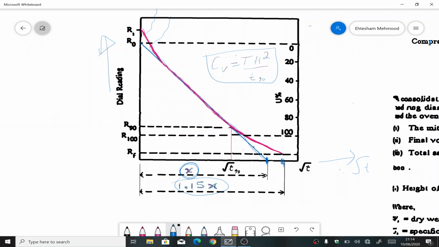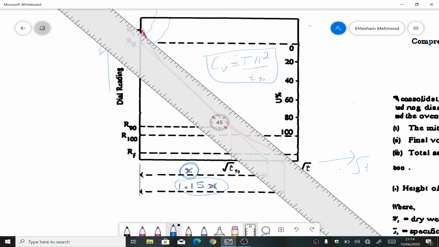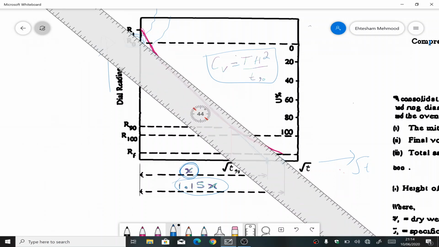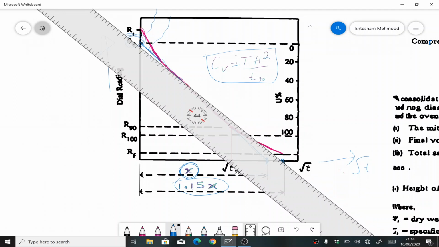Now I will draw a line that starts from the initial reading, where it was hitting the curve, that is R0, and that is passing through this point. So I'll use the scale here. I'll mark a line like this.